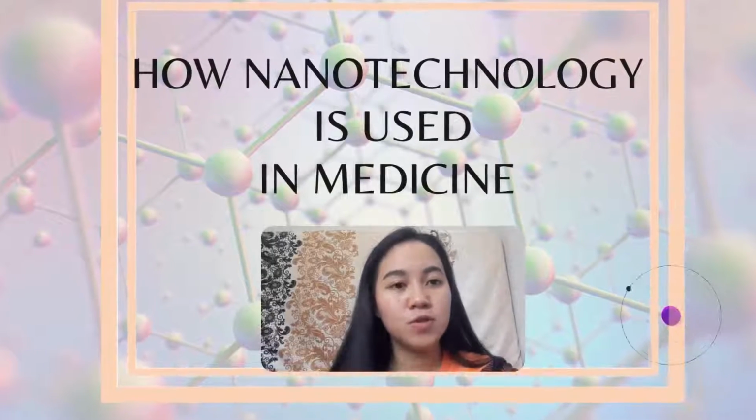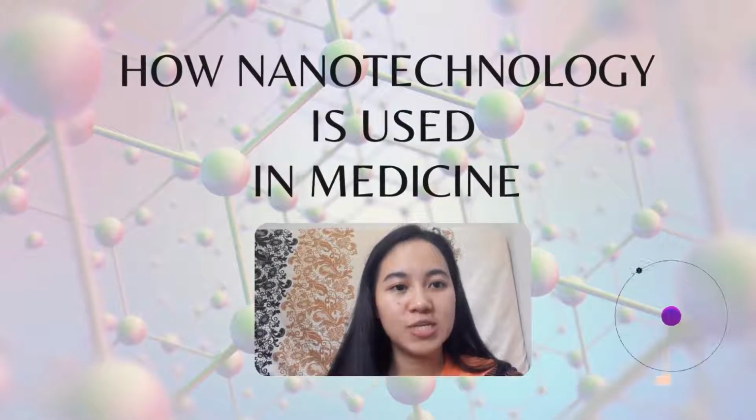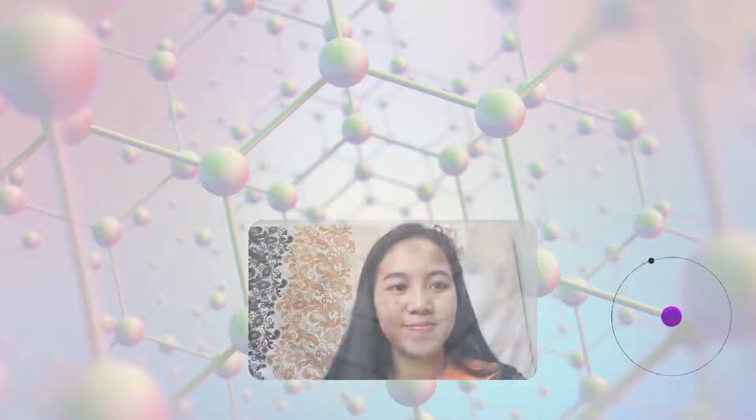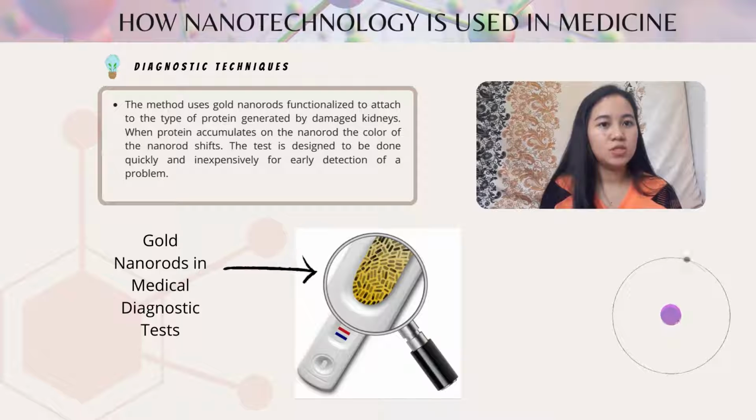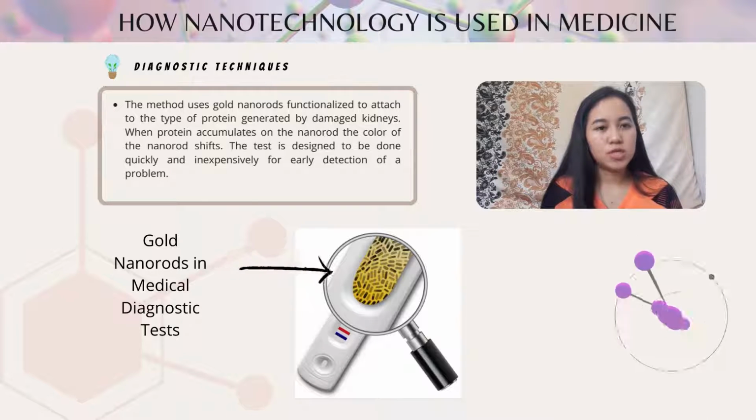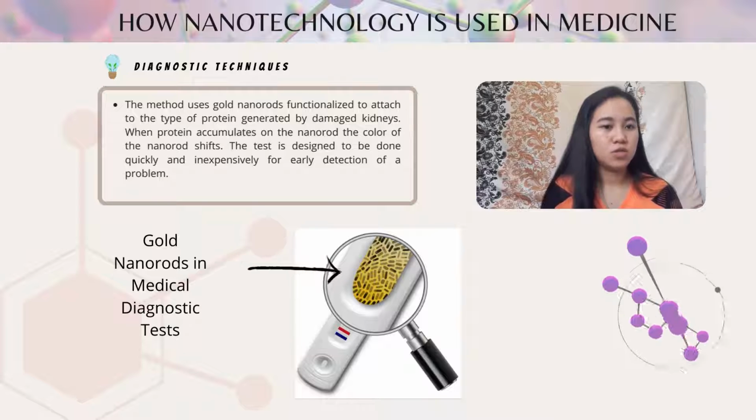Alright, now I'm going to talk about how nanotechnology is used in medicine. First is diagnostic techniques. The method uses gold nanorods functionalized to attach to the type of protein generated by damaged kidneys. When protein accumulates on the nanorod, the color of the nanorod shifts.